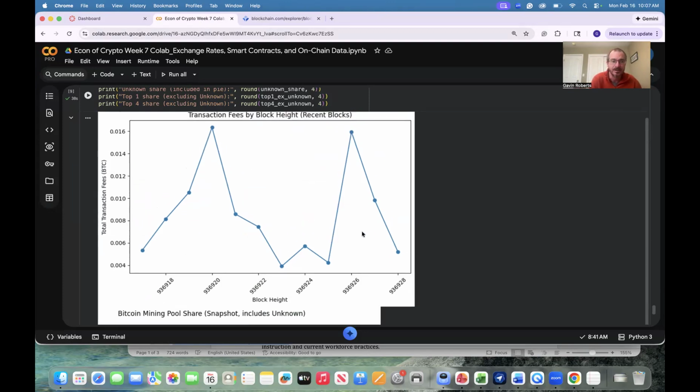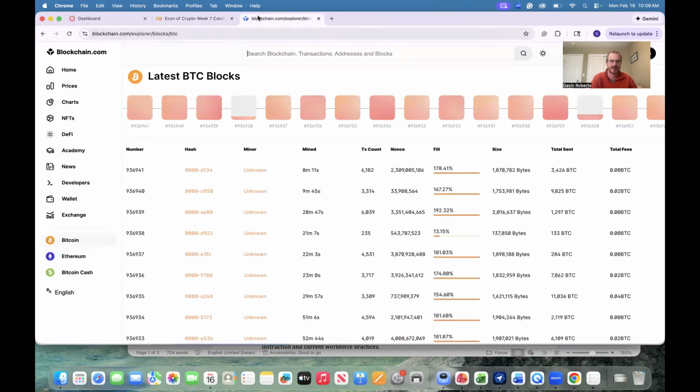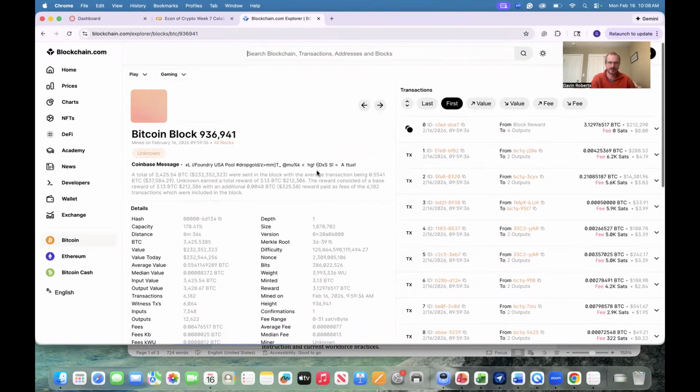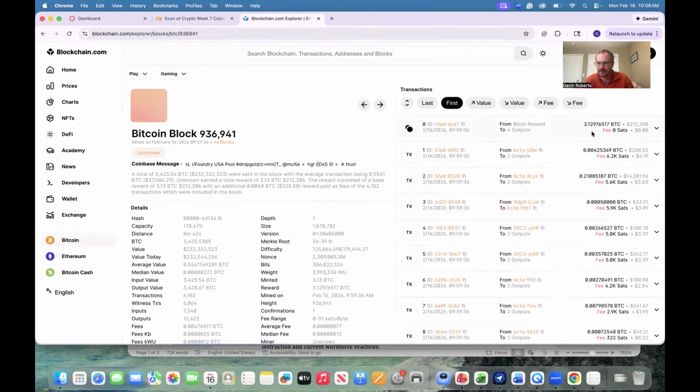And what are we looking at? We're looking at the cumulative transaction fees. These are not transaction fees for one transaction, because as we've seen, there are many transactions on a block. Here are all the transactions on this block. This transaction up here, we can see 3.129 is the total block reward.